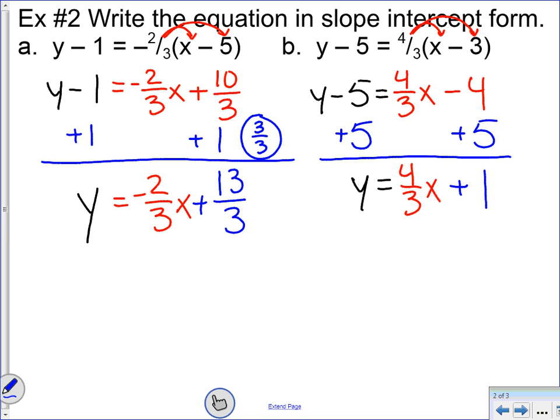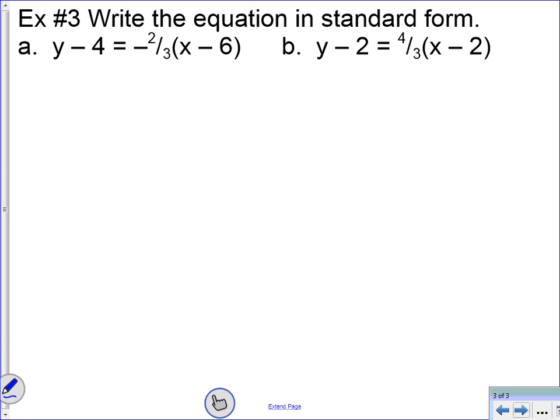All right, and the last one, we're going to look at writing the equation then in standard form. So I'm going to start this out the exact same way as I did my last one. I'm going to do distributive property to get rid of the parentheses, because there's not going to be a parentheses in my standard form. So negative 2 over 3 times x is negative 2 over 3x.